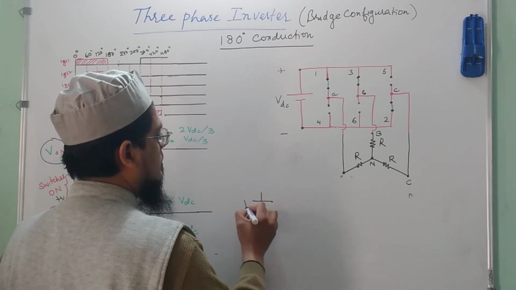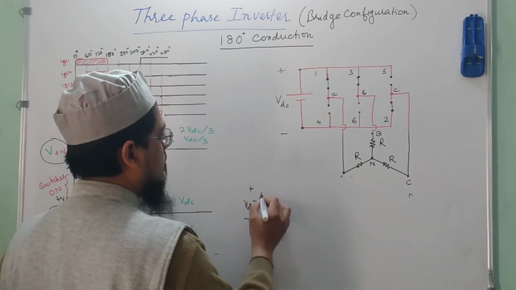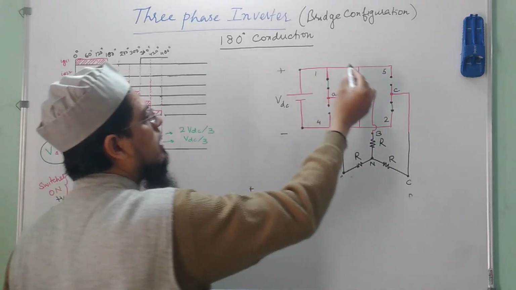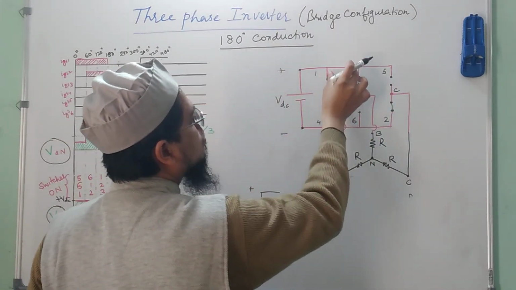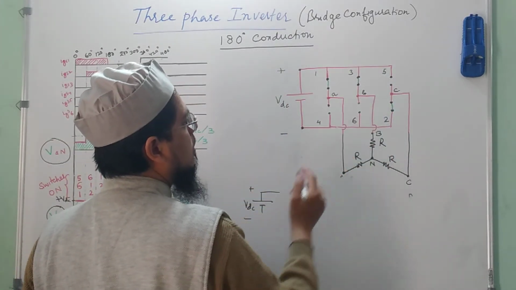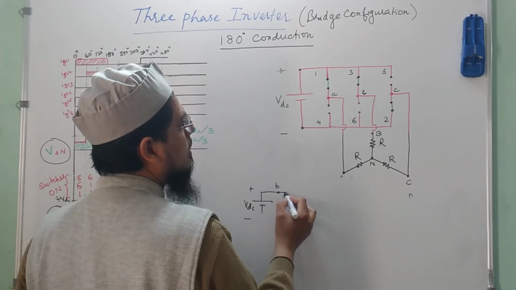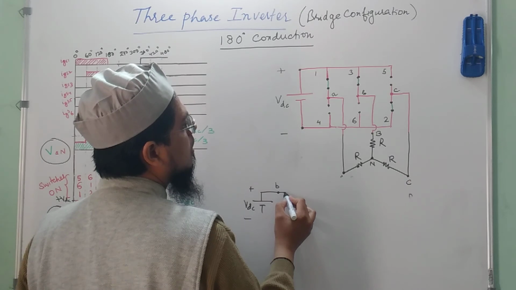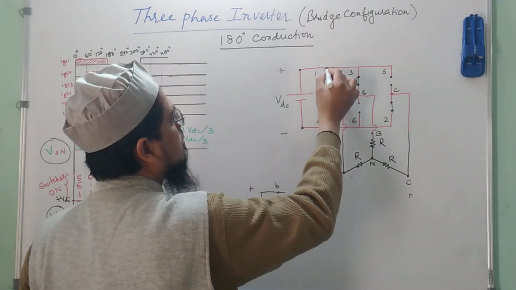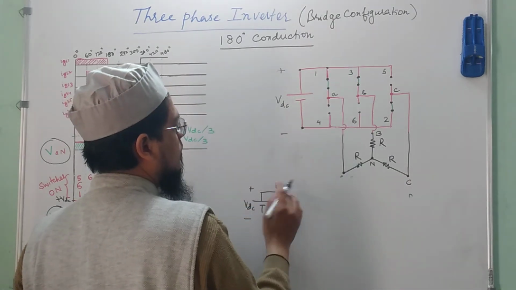So this is VDC and this is the plus and minus point. Let us start from this point. So these two points, it is basically point B, and then it is basically bifurcating at this point. Okay.